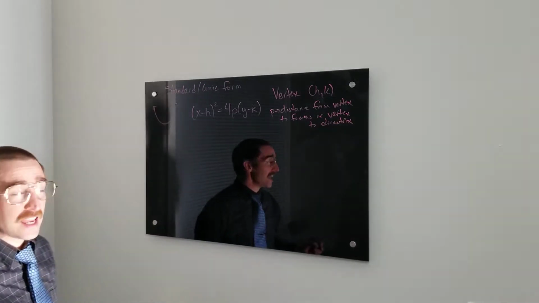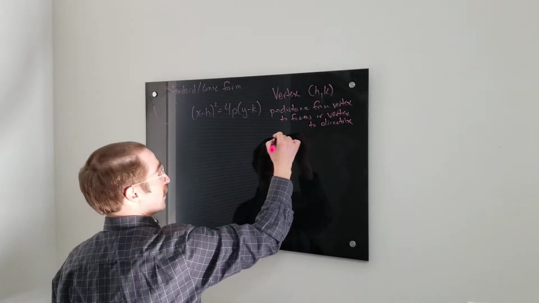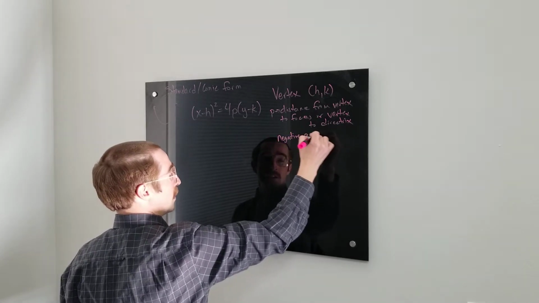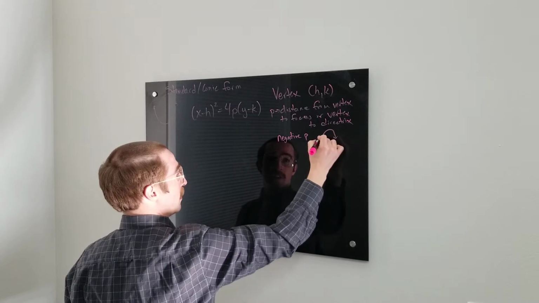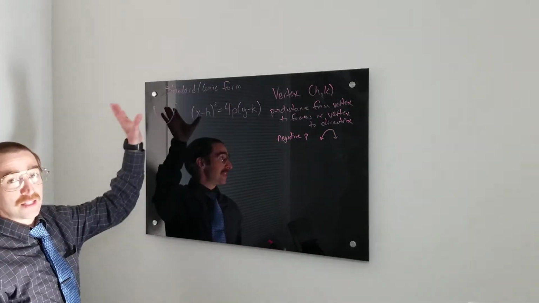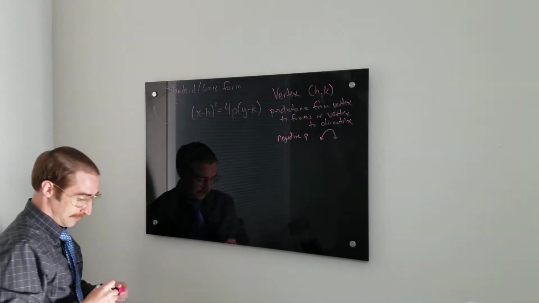If p is negative, your graph is going to be pointing downward. Positive p, it's pointing upward.